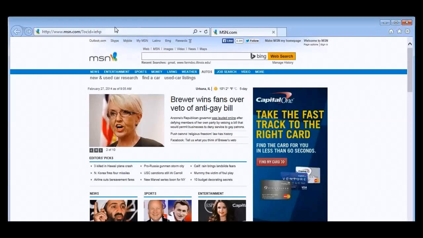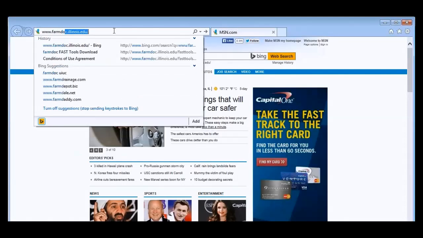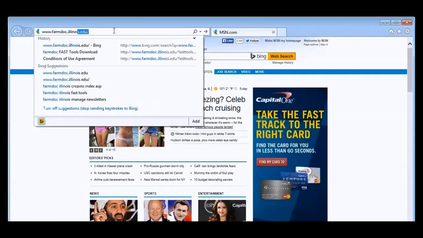You hopefully are seeing a web browser, but I'm going to go into farmdoc.